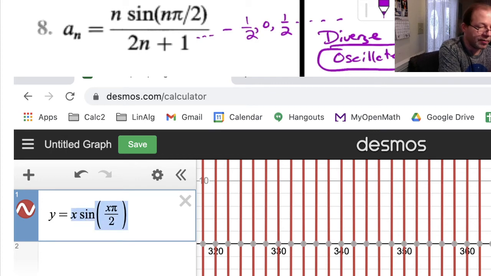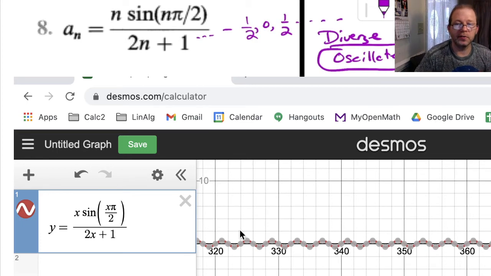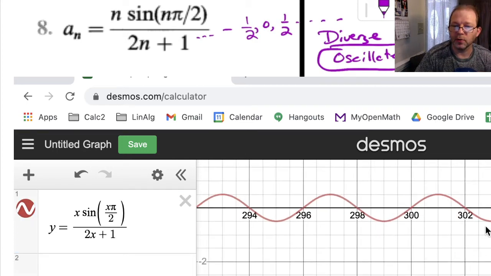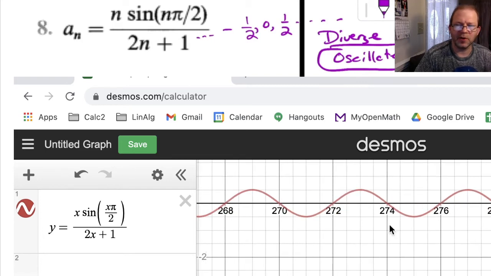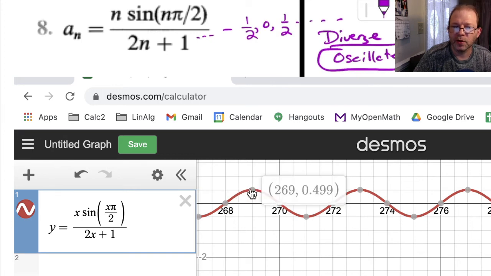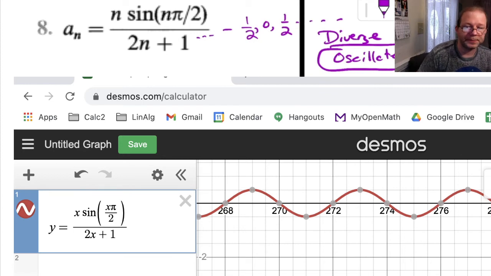Then when you divide all that by 2x plus 1, yeah, you get this. I'm still way out on the axis. Let's zoom back over. Actually, it doesn't matter. We don't need to zoom back over. If you look at this on all the different integer points, 2, 6, 8, we're at 0. Then we're at essentially 1/2, 0, essentially -1/2, and so on. That's going to continue forever.